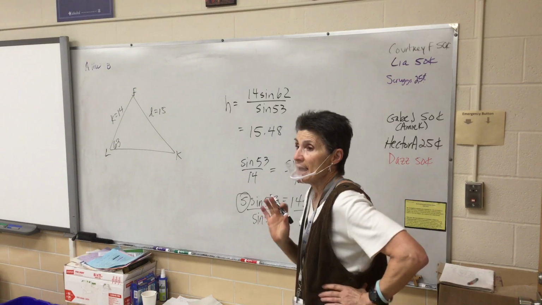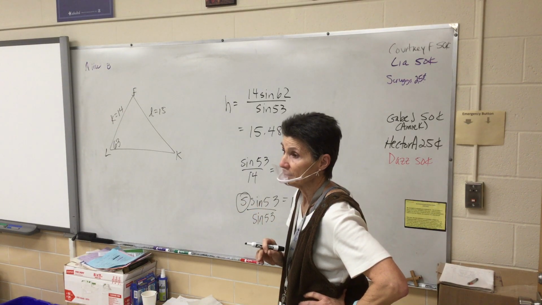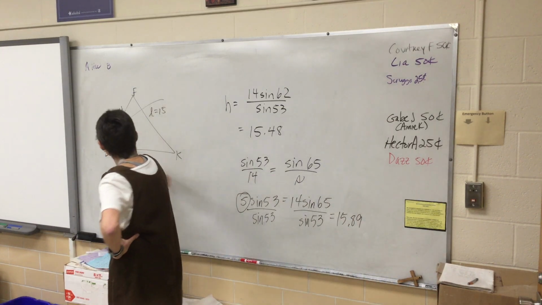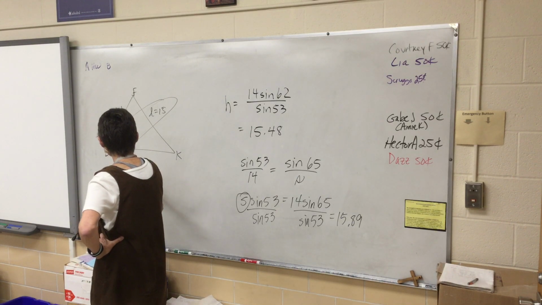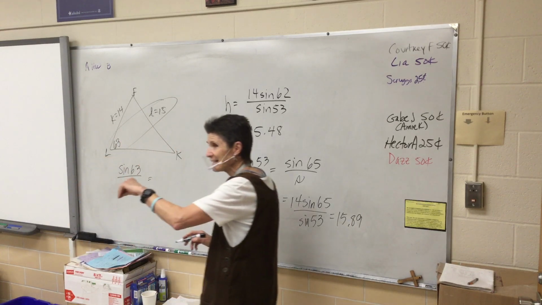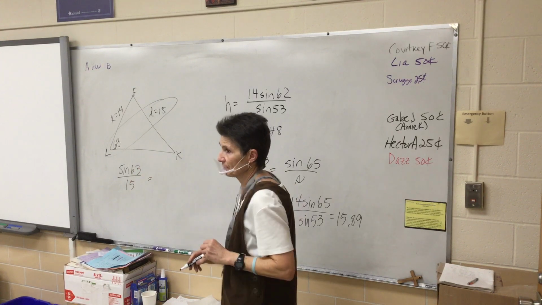All right, now, we start this problem exactly the same way. So what's our pair? The L's. So we'll say sine 63 over 15. It's sine angle over side.